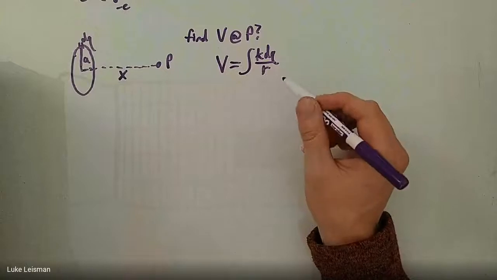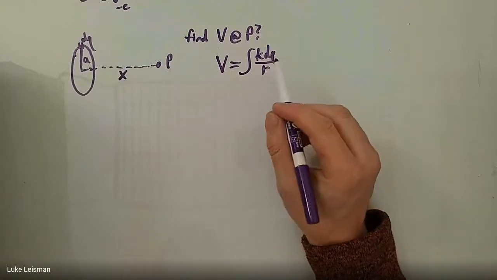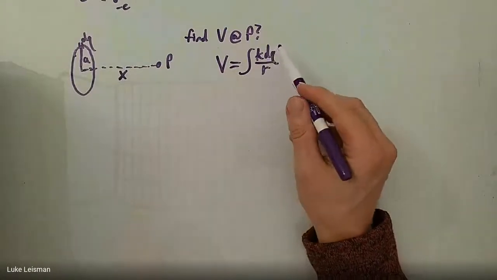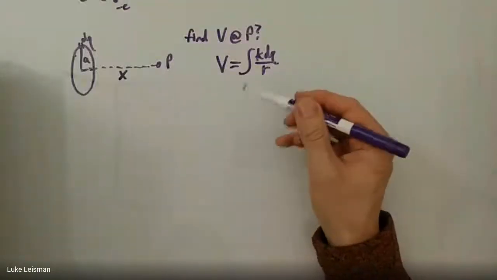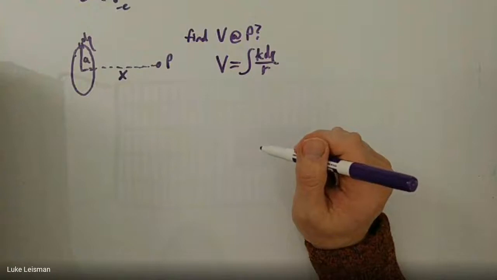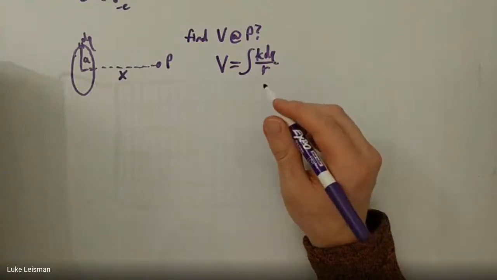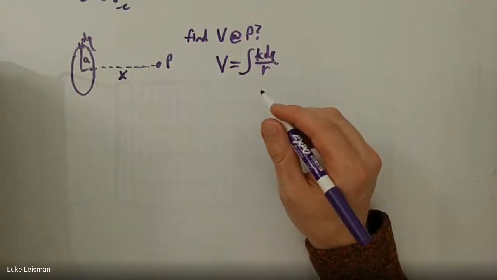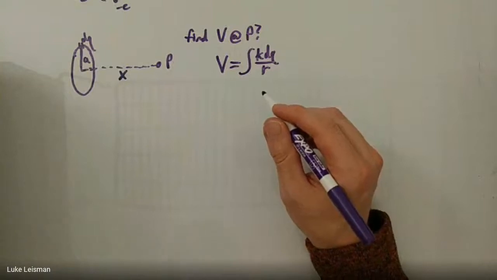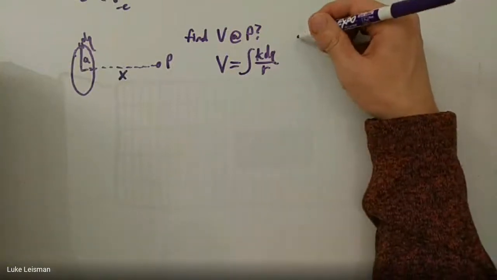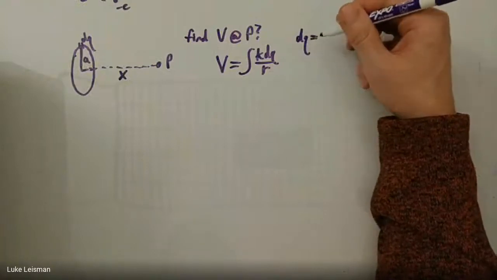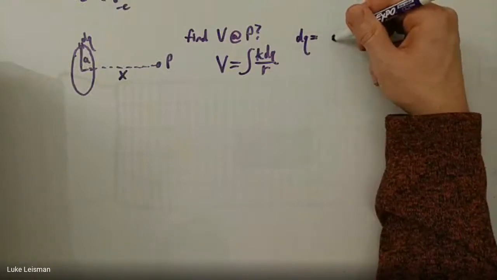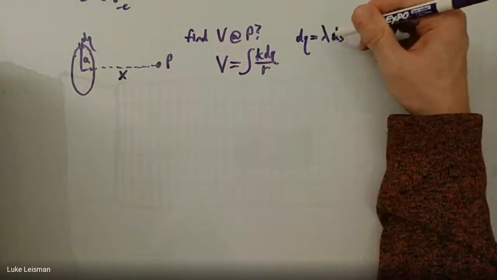To do that, you can't just integrate q's and r's. We need to turn them into variables that are relevant for our problem. You might recall that we've done this before, and the way we did that is we want to take dq and relate that to some distance, some path.